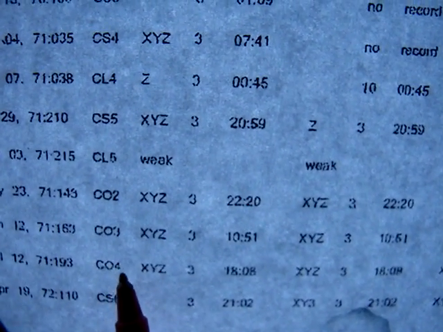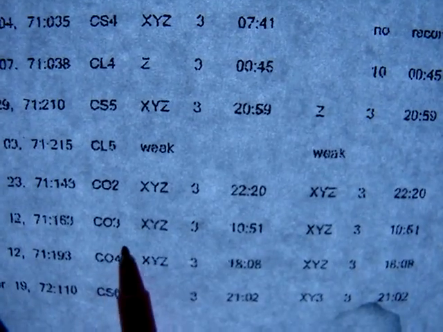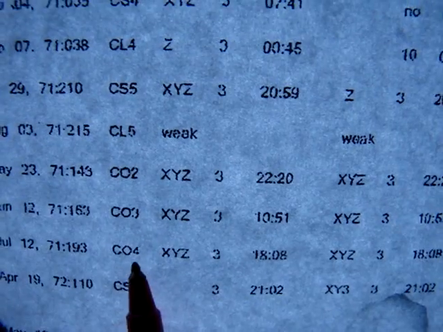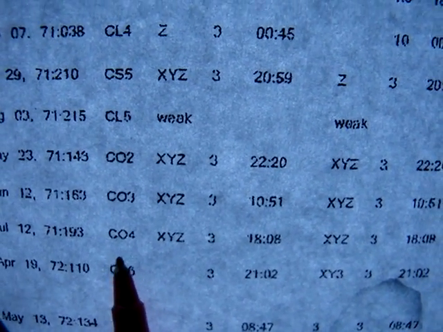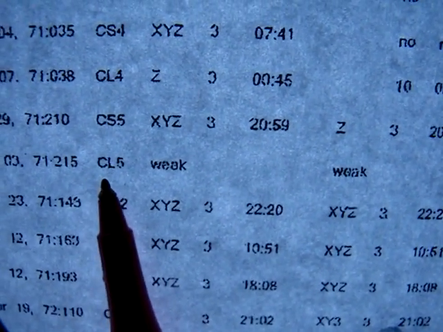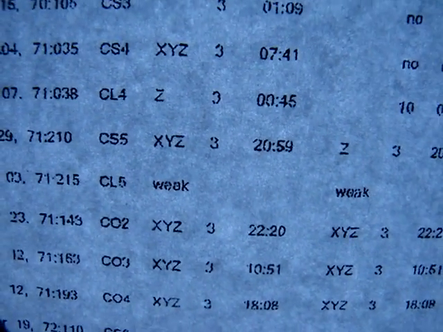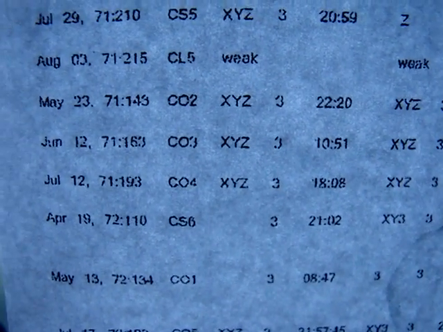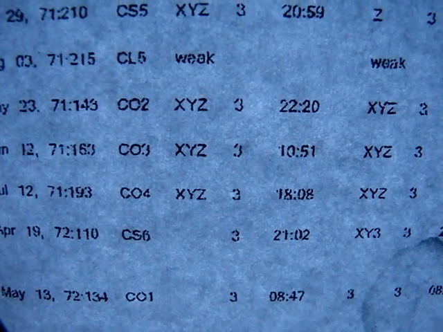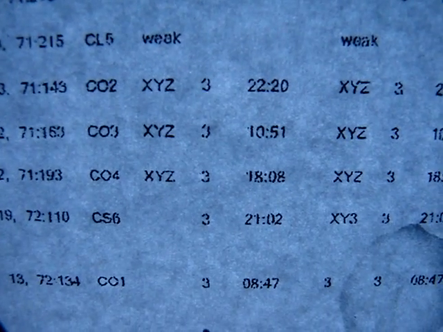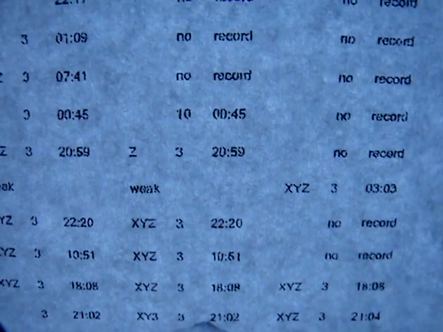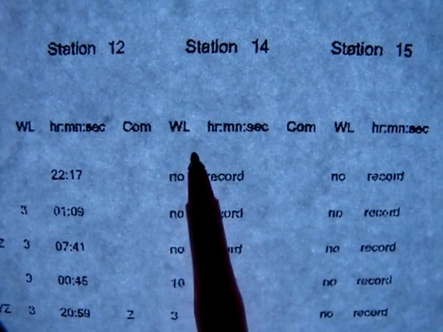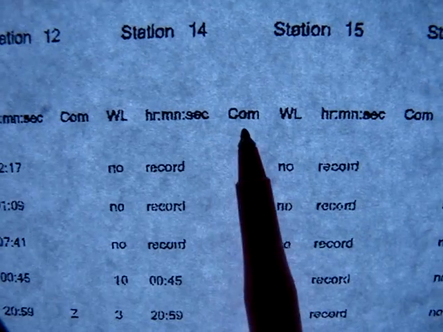The regular C's, this is 01, are meteorite impacts. The CL and the CS are non-meteorite impacts. This is the hour, minute, second, water level.